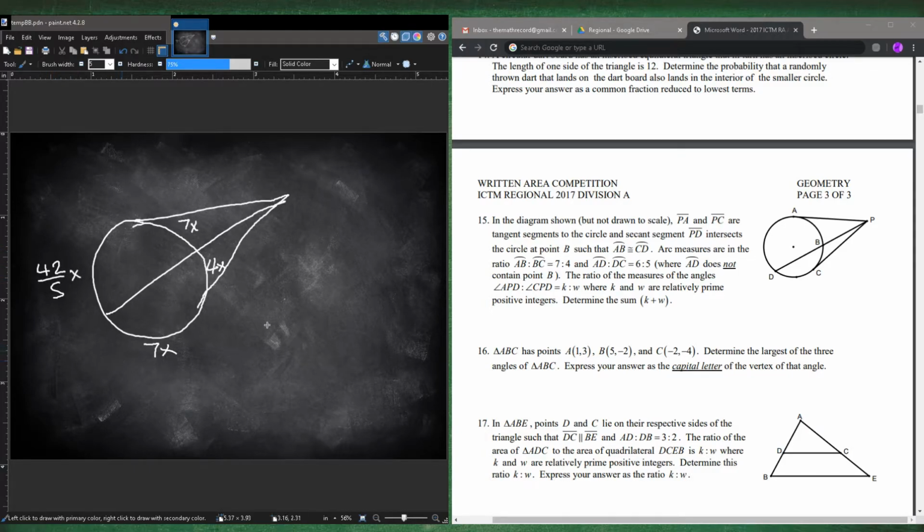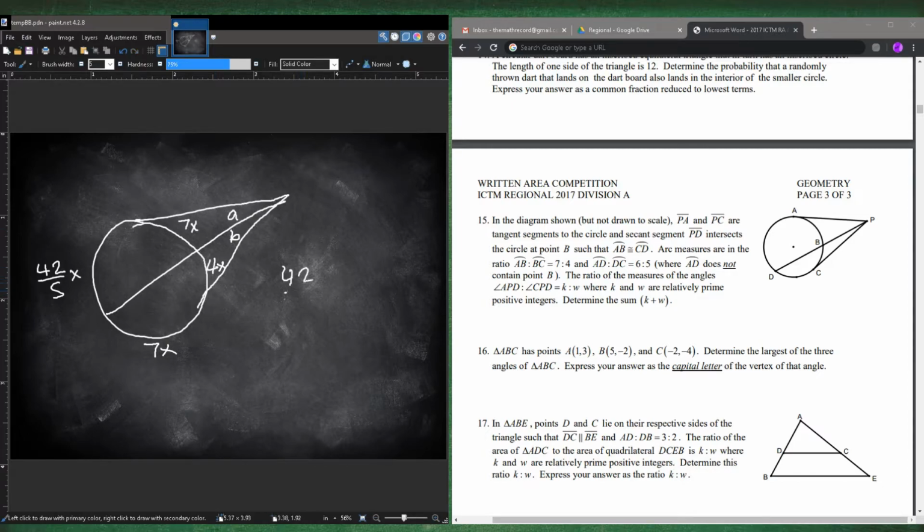So what is the ratio of APD to CDP? So we have this A and B for these two small angles, right? So what's the ratio of A divided by B? So all we have to do is take the larger arc minus the smaller arc and then divide by 2.